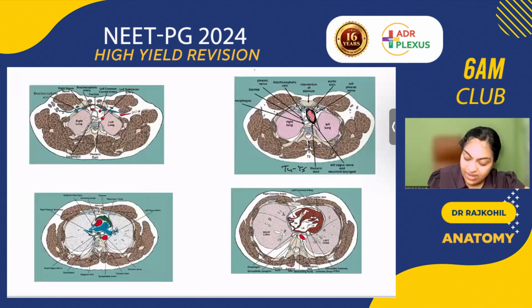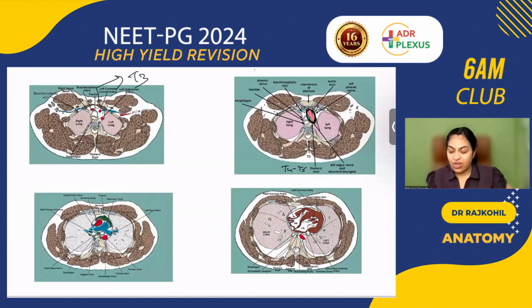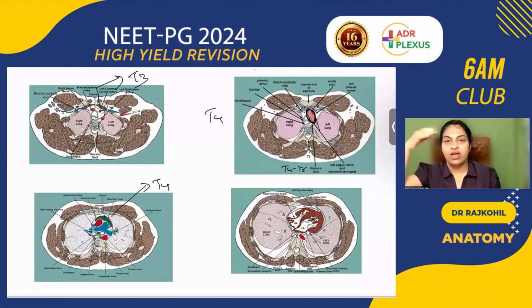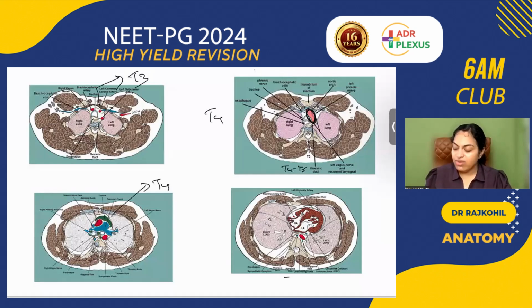And the branches of the arch of aorta, brachiocephalic trunk, the left common carotid and the left subclavian, are just above T3. T4 is the arch, branches will be T3 and above, ascending aorta and descending aorta are going to be below T4. And all the chambers of the heart will be at the lower thoracic level.